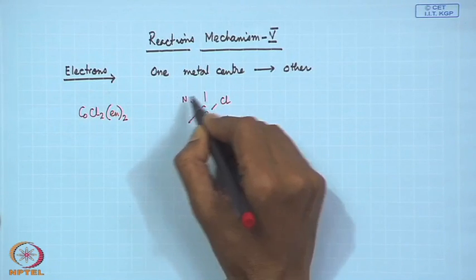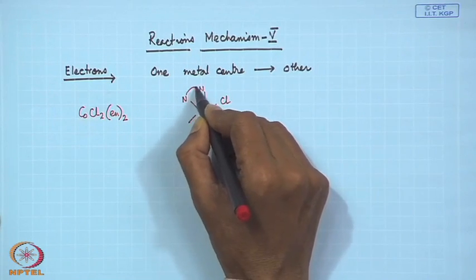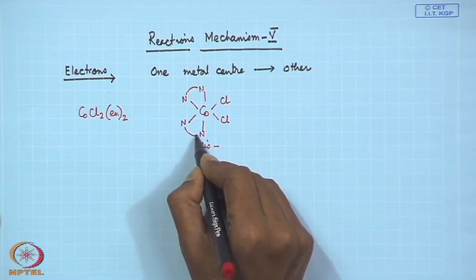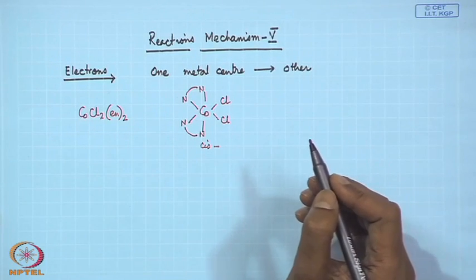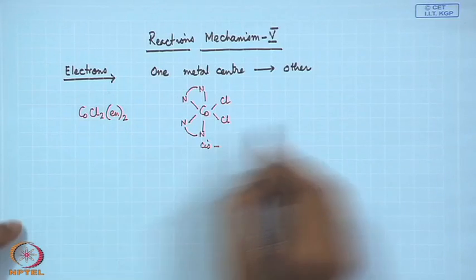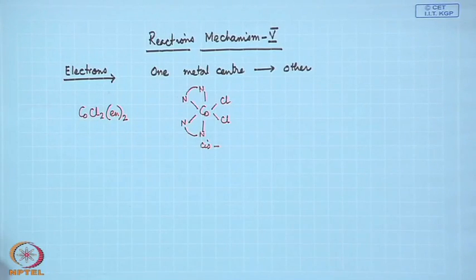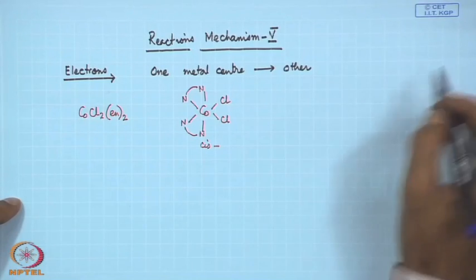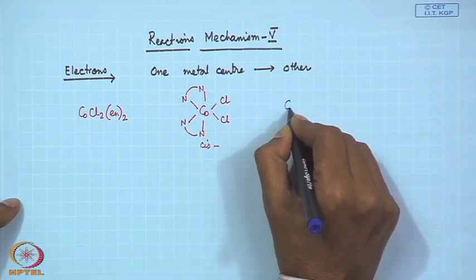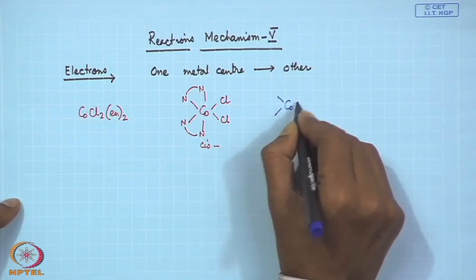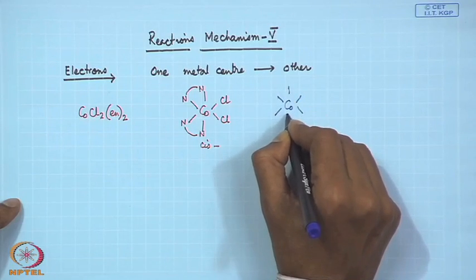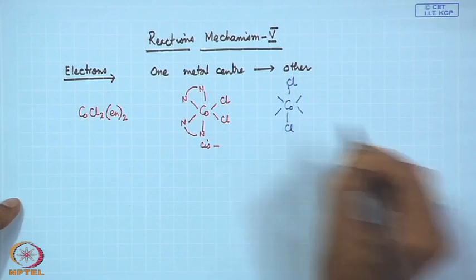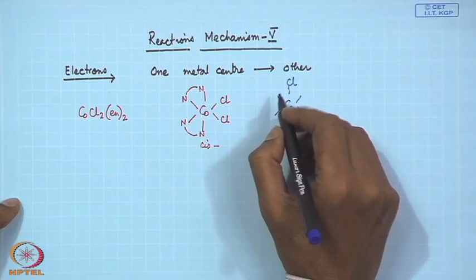When these 2 ethylene diamine groups bind to the cobalt in this particular fashion, this one also gives us the corresponding trans geometry, where the cobalt center shows the binding of the chlorine atoms in a trans fashion.